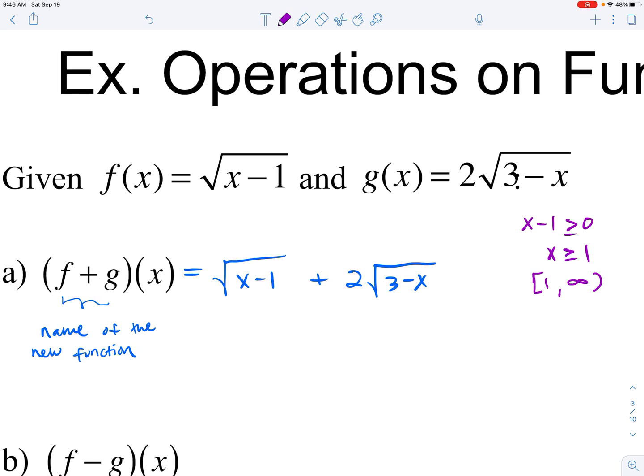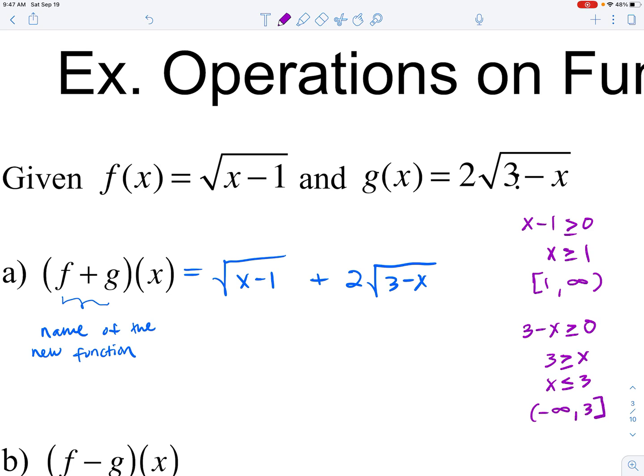And then for that second square root, which comes from the function g, 3 minus x must also be greater than or equal to 0. If I add x to each side and flip that around, I get x is less than or equal to 3. So in interval notation, that would be written as negative infinity to 3.